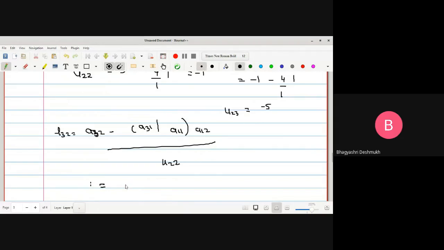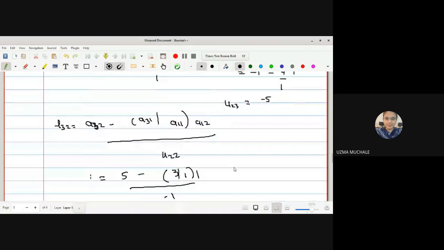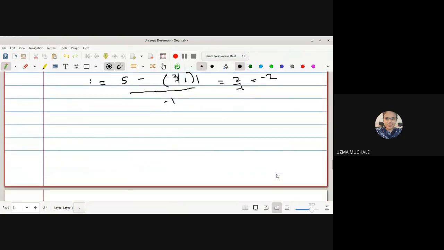Third row, second column, 5 minus A31 is 3 divided by 1, A12, divided by the value of U22 we have obtained, which is minus 1. 5 minus 3 is 2, divided by minus 1, that is minus 2. Have you completed up to this? All the values of Lij and Uij we have found.